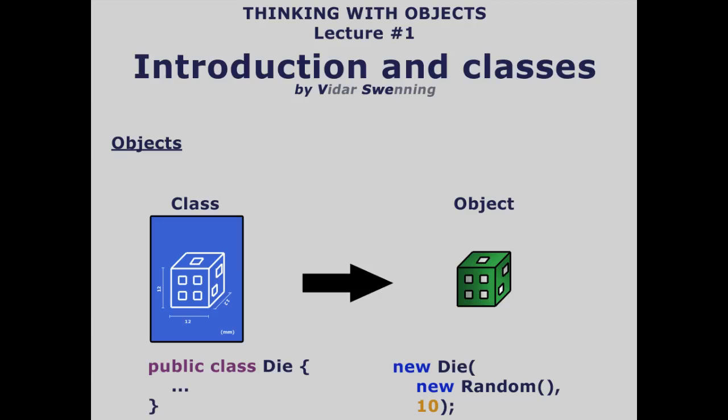And here I'm actually creating the new random generator at the same time. So I use new Die, new Random, and then I give it 10 as the second parameter, which means I'm using the second constructor, and gives it 10 sides. So let's see if we can implement an example with that.